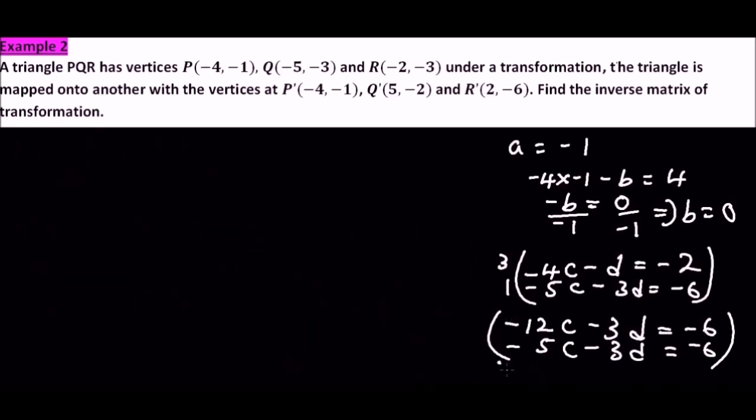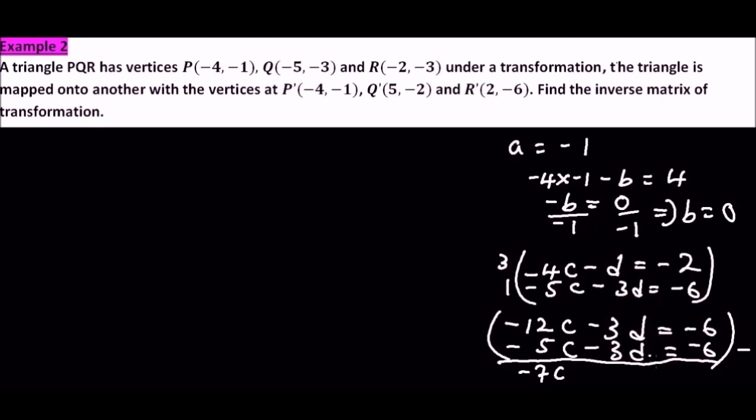So we can subtract here, and we will be able to get, we subtract now minus 12C minus minus 5C. This will give you minus 12 plus 5, which is minus 7C. Minus 3D minus minus 3D will be 0.